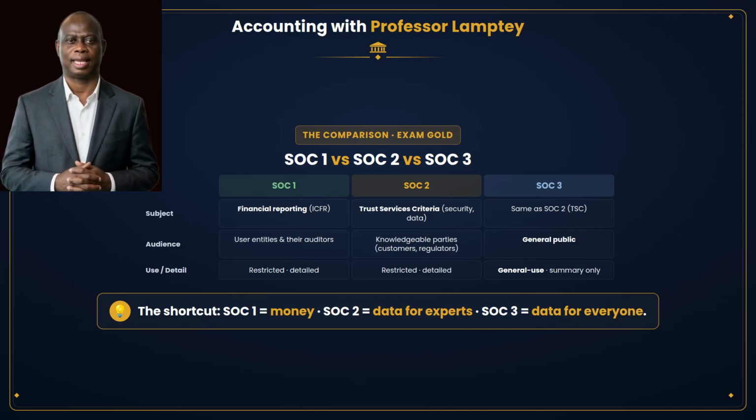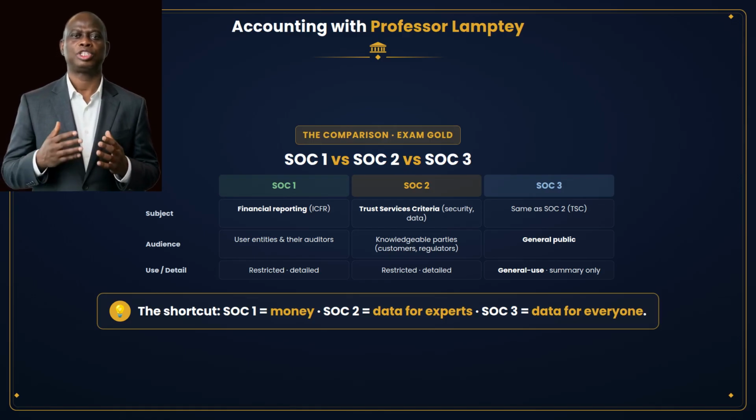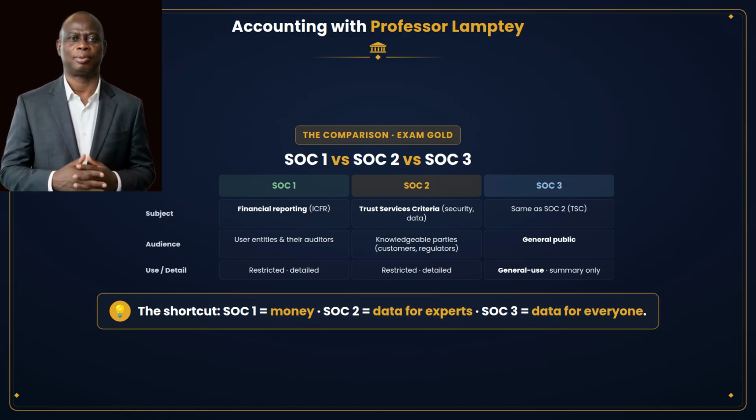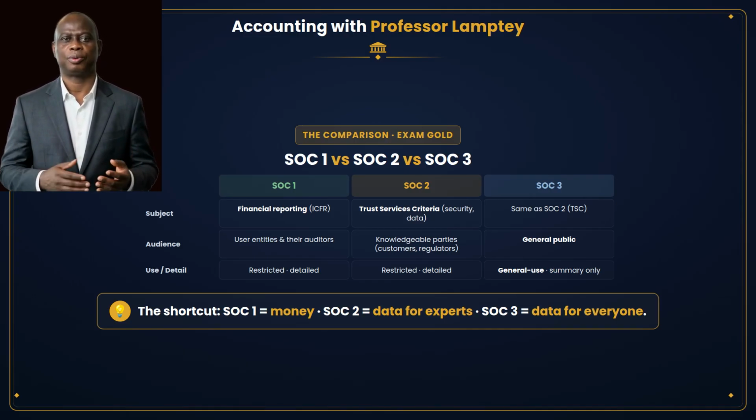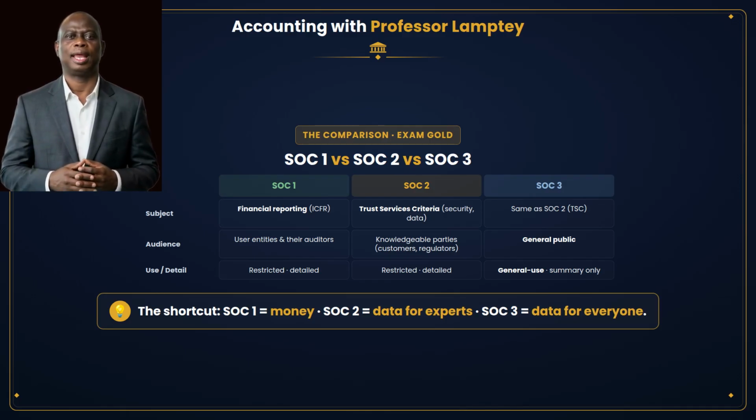Restricted use and detailed. SOC 3. Same subject as SOC 2, the trust services criteria, but general use, public, and summarized. The fastest way to keep them straight: SOC 1 is money, SOC 2 is data for experts, SOC 3 is data for everyone. Nail that and you can answer most SOC questions on the exam instantly.